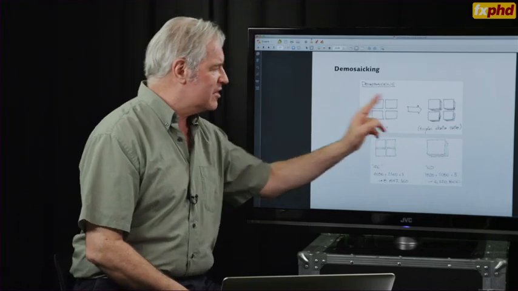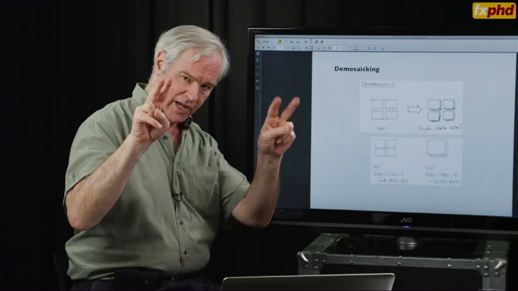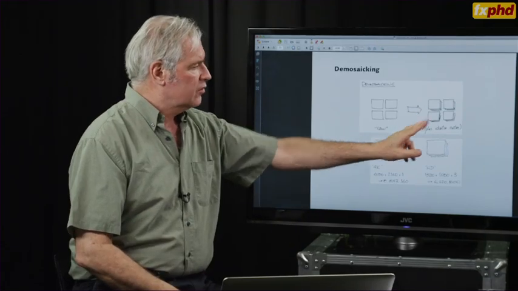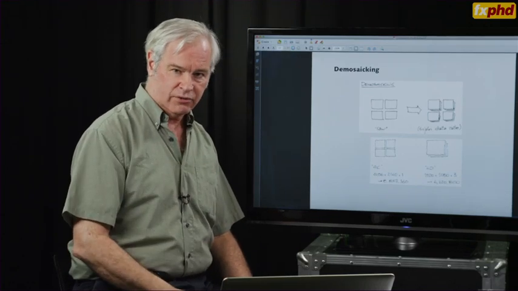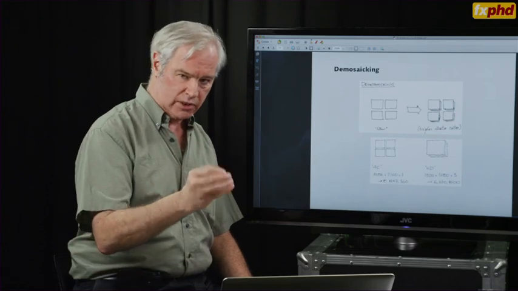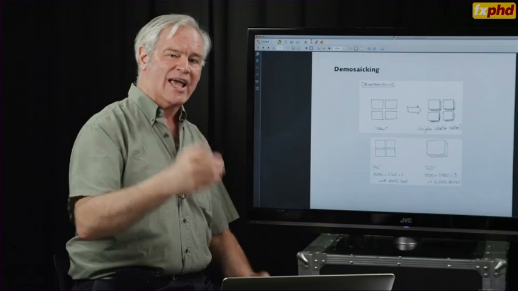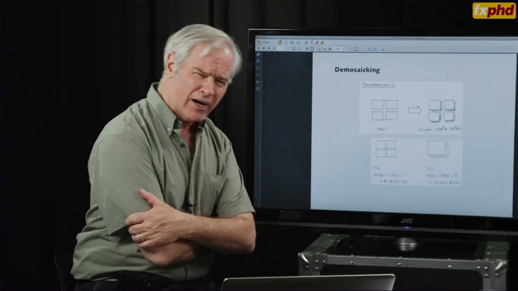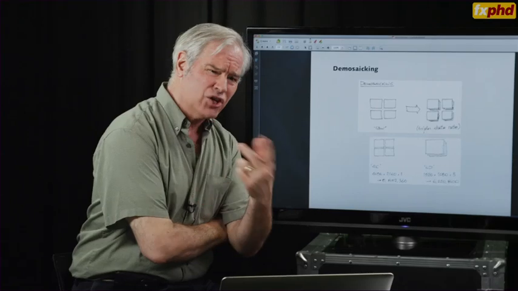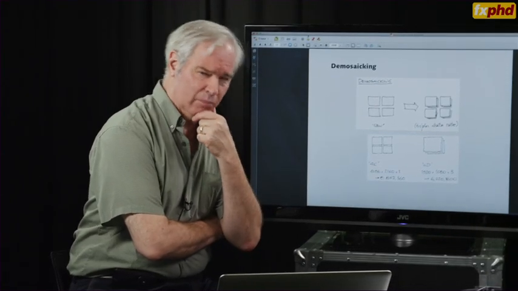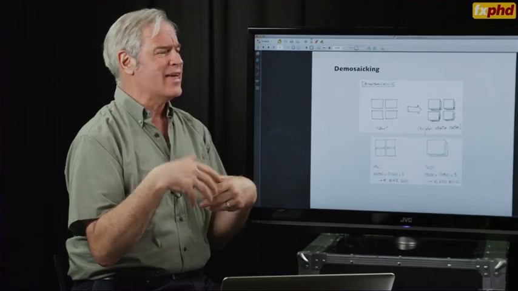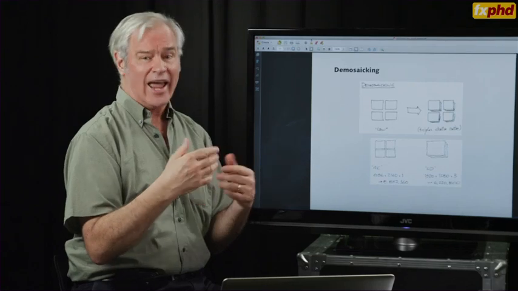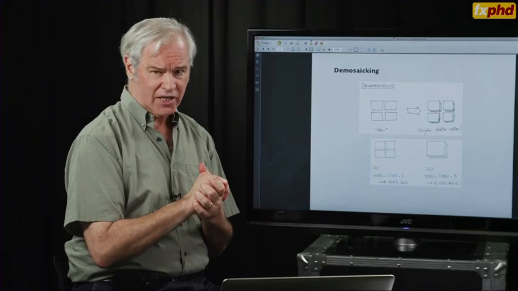And if you then demosaic to 4K, you got 24 million little pieces of light, or 24 million total color components. So you might be asking yourself, where did those 16 million additional pieces of information come from? And the answer is, they didn't come from anywhere. They were just guessed or estimated by the demosaicing algorithm.